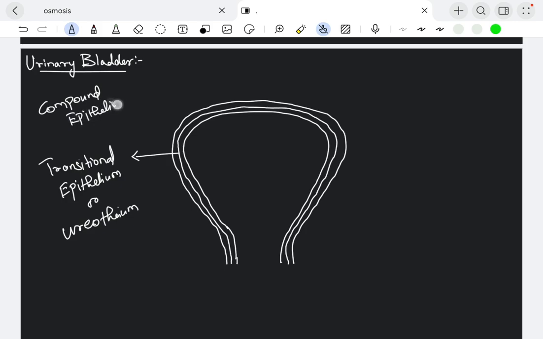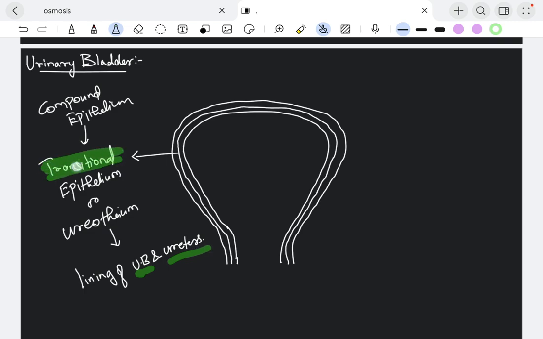This will be the lining of the urinary bladder and ureters. So the lining of the urinary bladder and ureters is nothing but transitional epithelium, also known as urothelium.